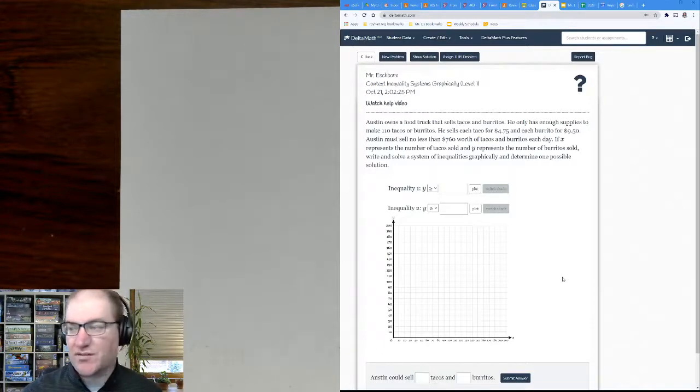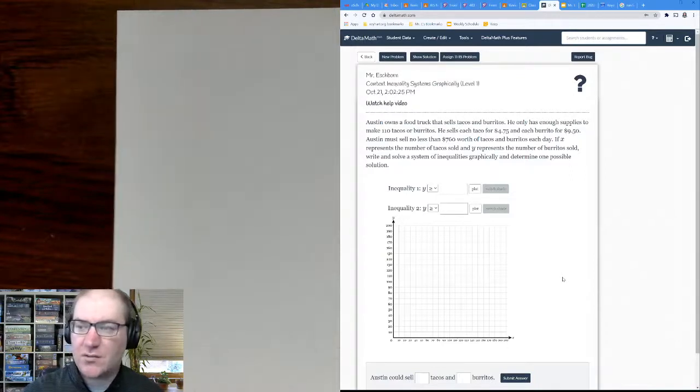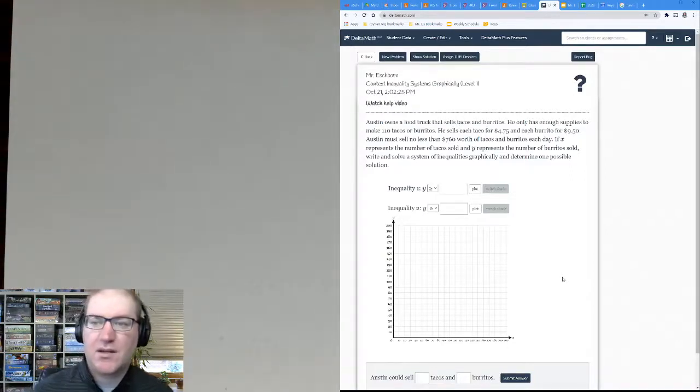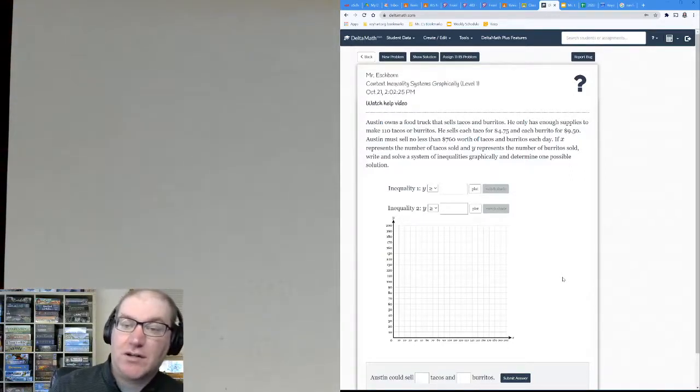So this example on the screen here, Austin owns a food truck that sells tacos and burritos. He only has enough supplies to make 110 tacos or burritos. He sells each taco for $4.75 and each burrito for $9.50. Austin must sell no less than $760 worth of tacos and burritos each day.